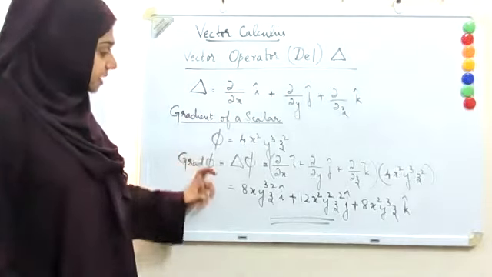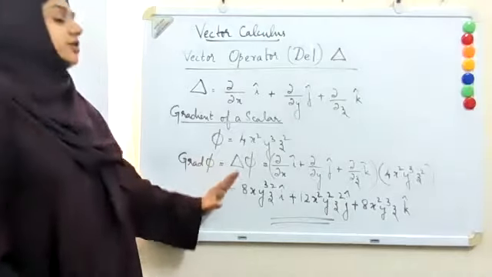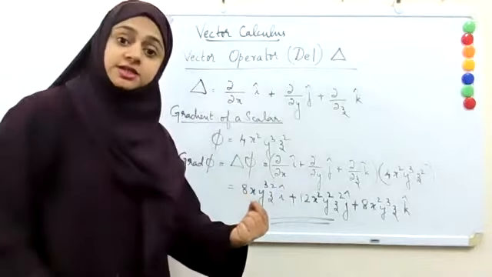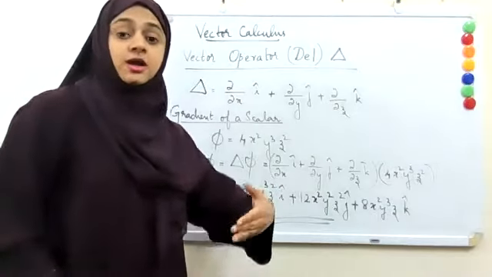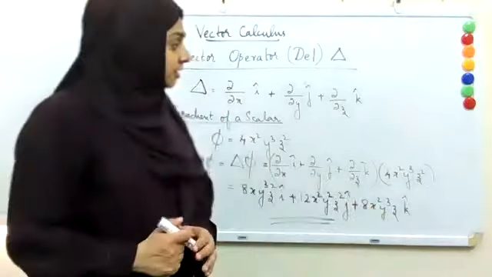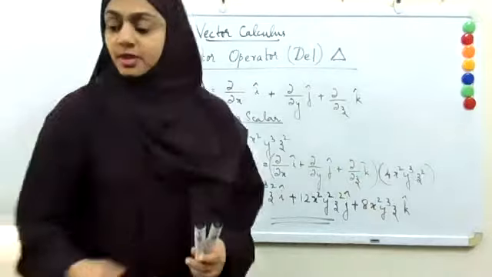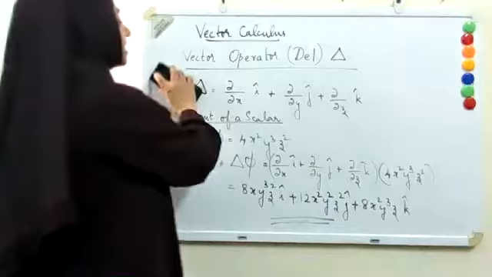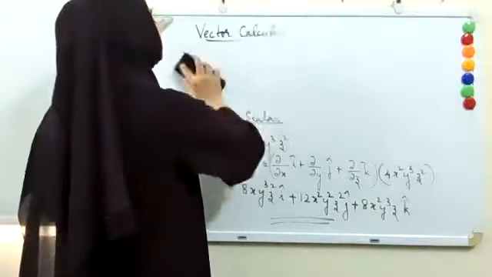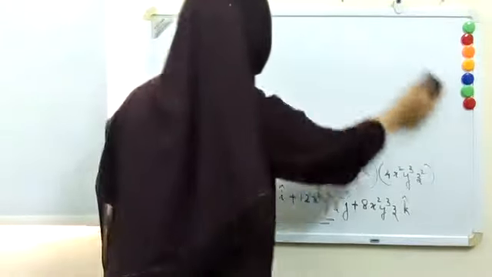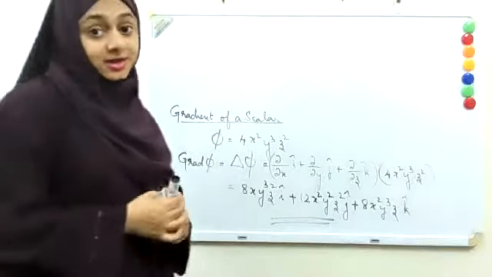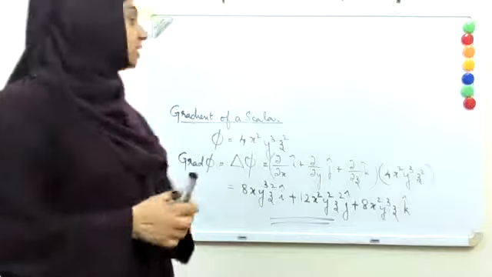In physical terms, the meaning of gradient is the change. It shows the direction in which something is changing at the highest rate. For example, if I take the gradient of an electric potential, because potential is scalar, right?